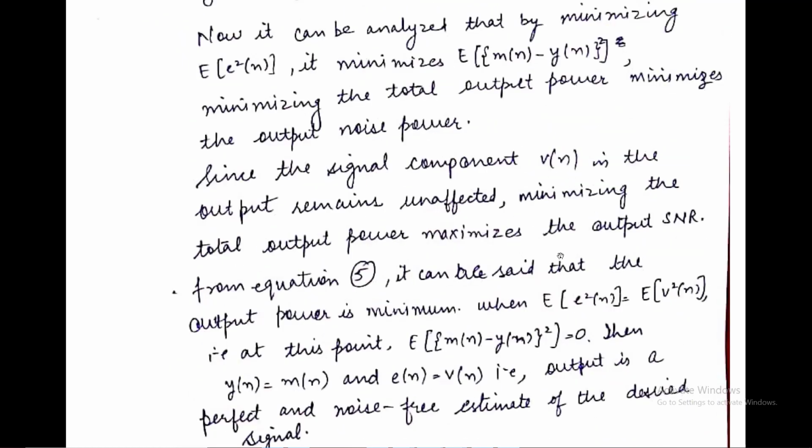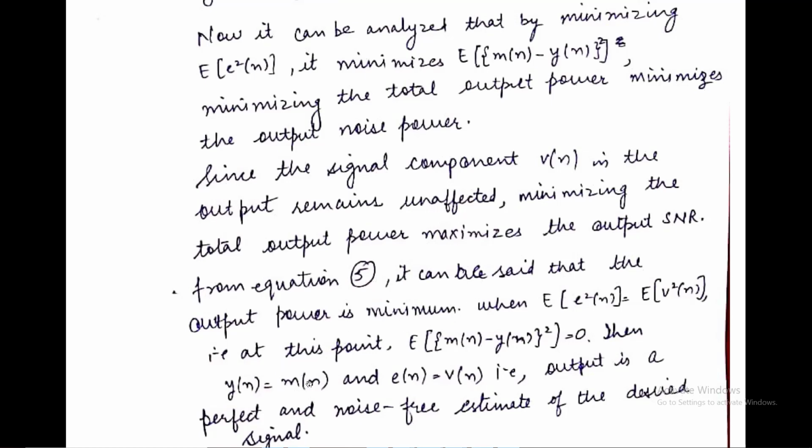It can be said that the output power is minimum when the expectation of the square error is equal to the expectation of the desired signal square, and at this point the error function will be 0. Then we can say yn is equal to mn.